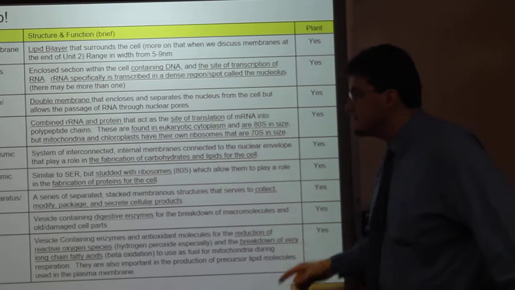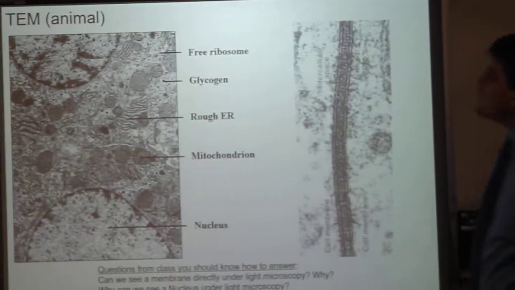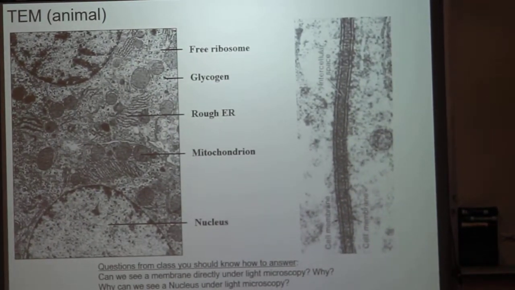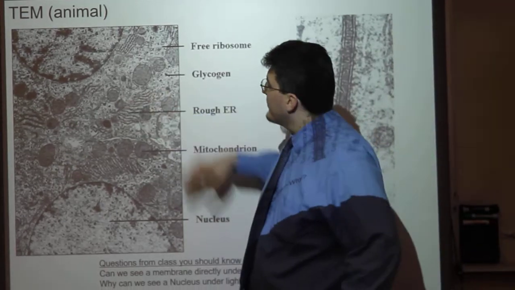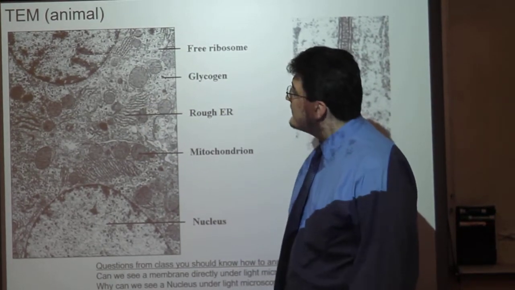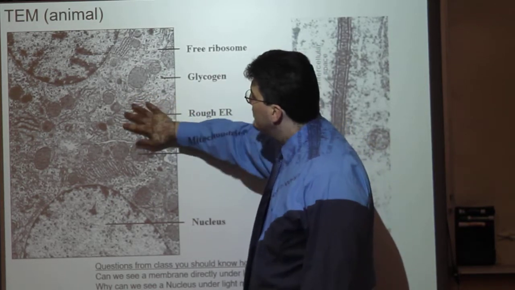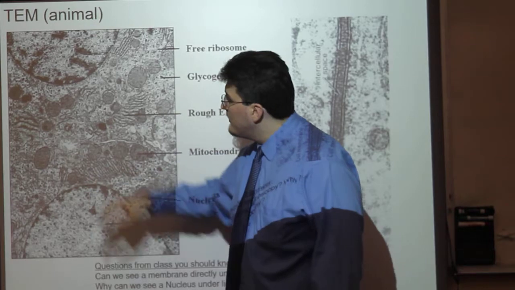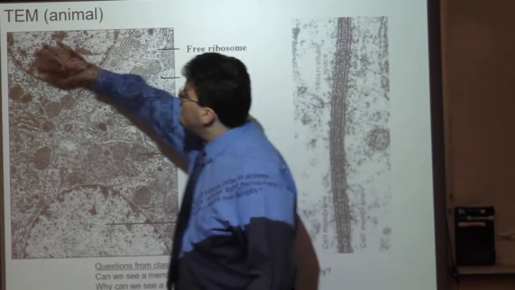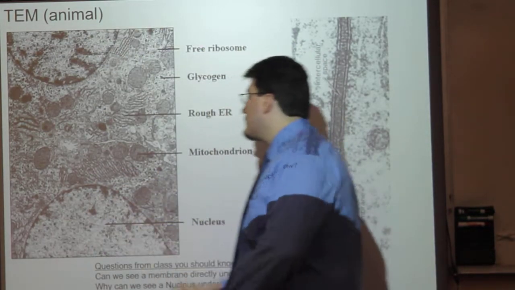I'm learning. All right. So here's a transmission electron microscope image. These grill marks right here, this is rough endoplasmic reticulum. We can see the ribosomes studding the membranes. I have a nucleus here, and another nucleus here.